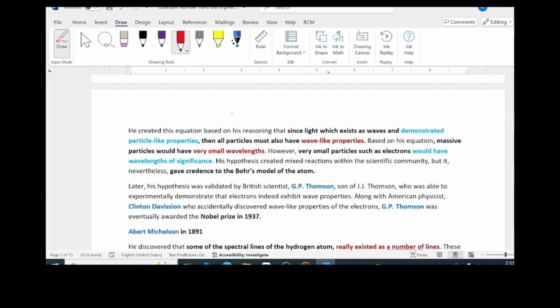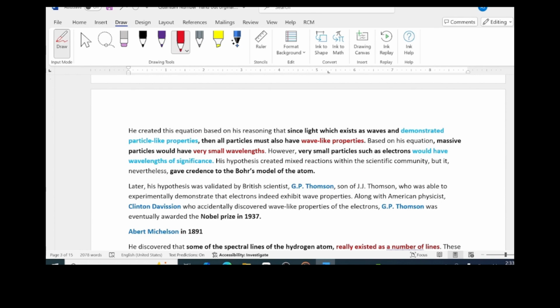He created this equation based on his reasoning that since light, which exists as waves, demonstrates particle-like properties, then all particles must also have wave-like properties. And based on his equation, massive particles will have very small wavelengths. However, small particles such as electrons will have wavelengths of significance.